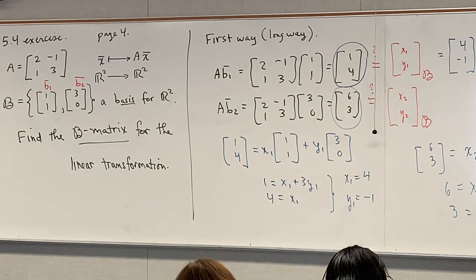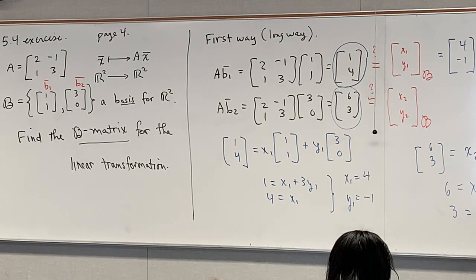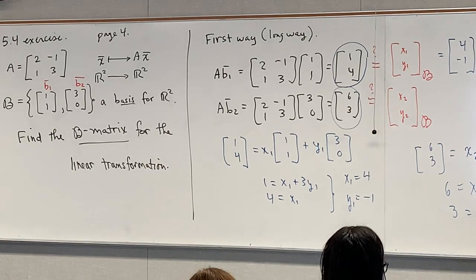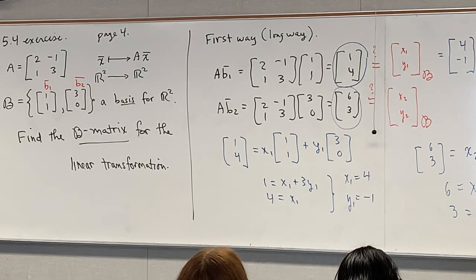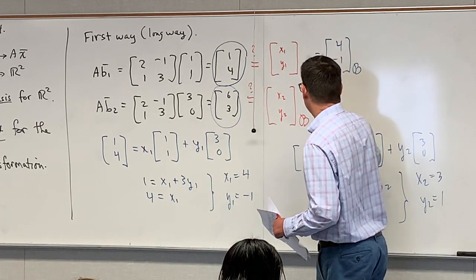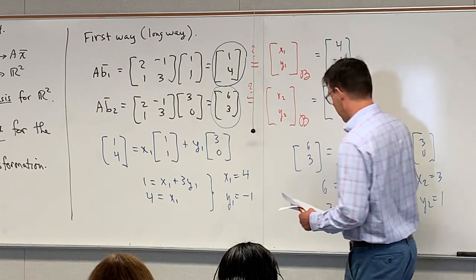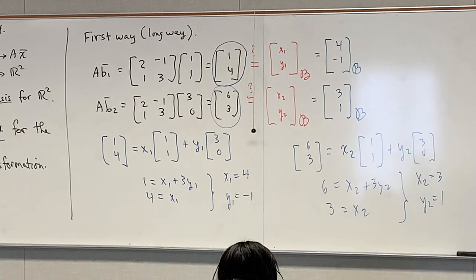Of course, I can solve really quickly. And what do we got? We got x2 is 3, and y2, if I just plug in there, is going to be 1. So 3, 1 are the b coordinates of that image vector. Okay.